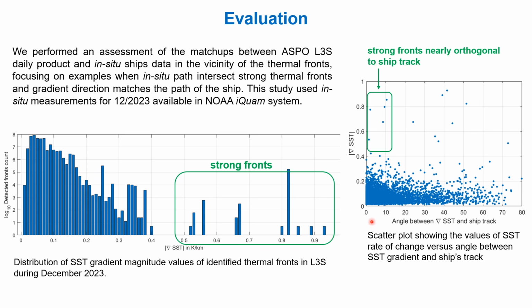The scatter plot shows the values of the SST rate of change versus the angle between the SST gradient and the ship's track. The smaller the angle, the more aligned the path with the gradient vector, and this axis is the gradient magnitude. So the highlighted rectangle contains the handful of examples when the gradient magnitude is high and the angle between the two vectors is small.